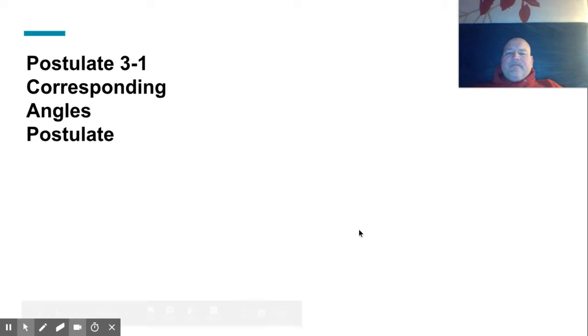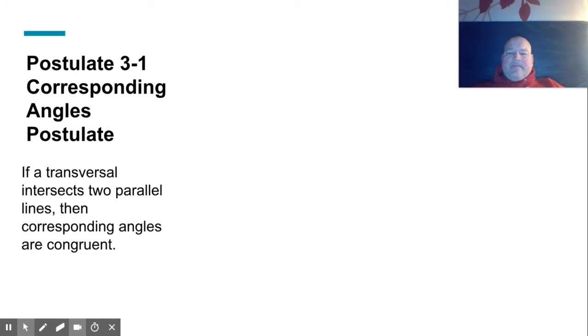Well, let's start. This whole thing hinges on the corresponding angles postulate. If a transversal intersects two parallel lines, then corresponding angles are congruent.